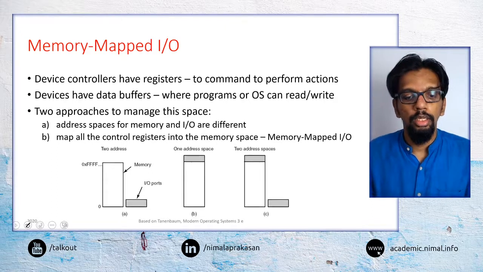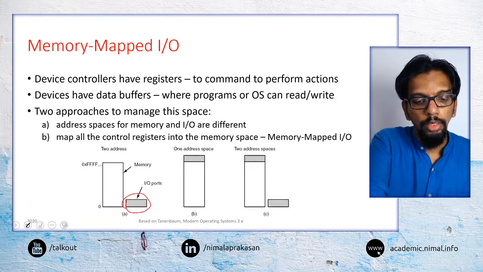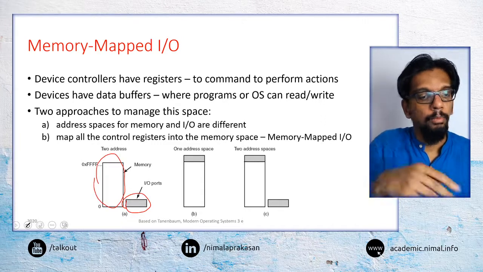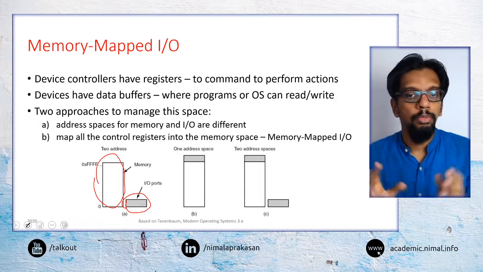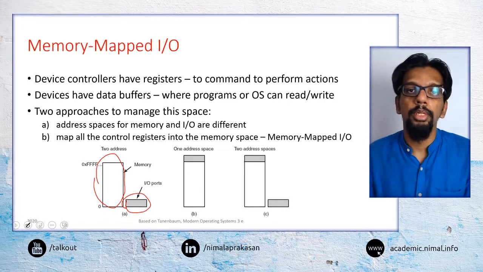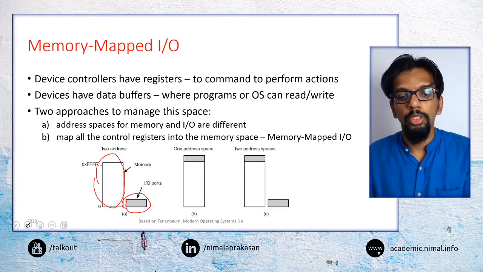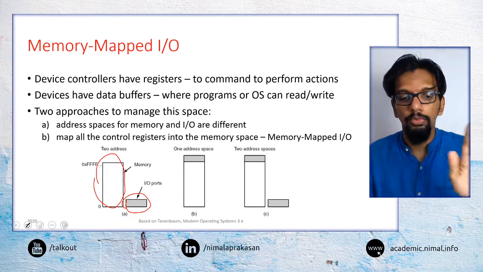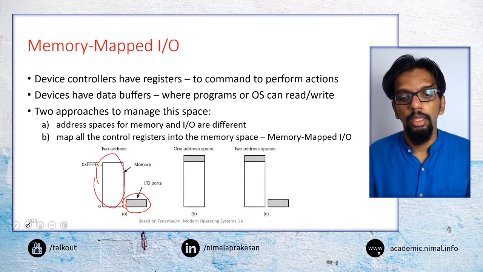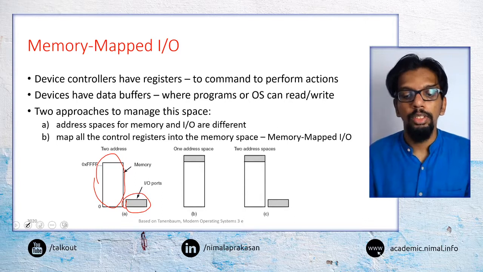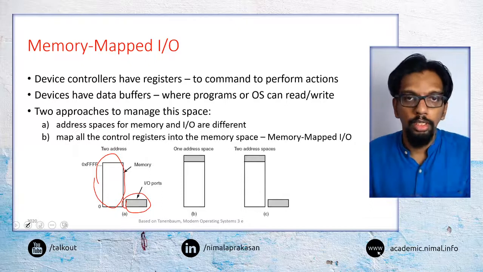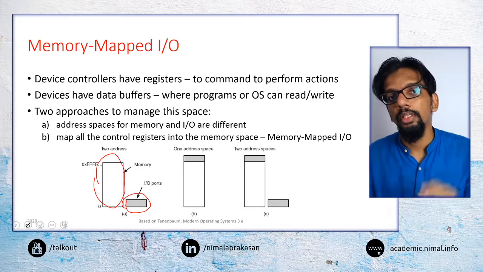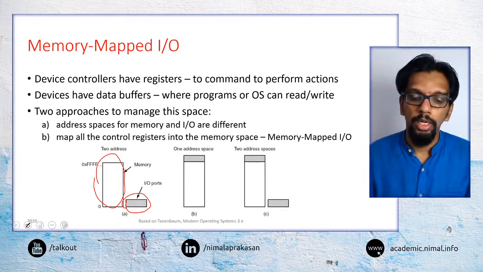So the input output devices and the main memory locations will all be accessed similarly. We can have two different approaches here, that is having different memory allocations for I/O devices and the main memory, but regardless, the operating system or the CPU can just communicate with these devices by writing at those memory locations.